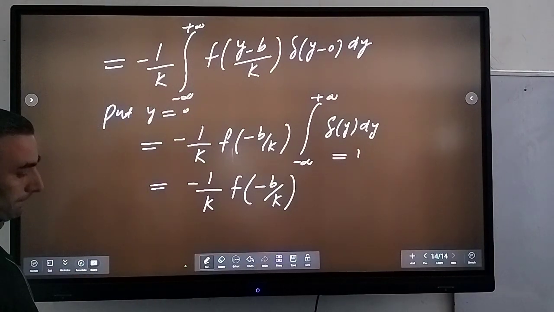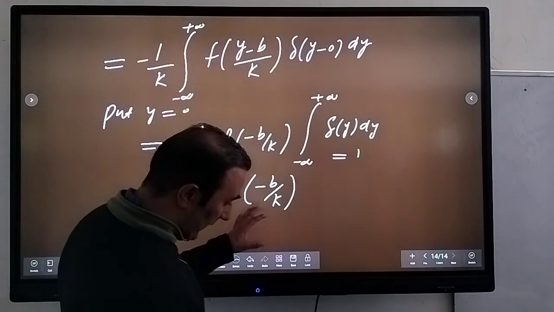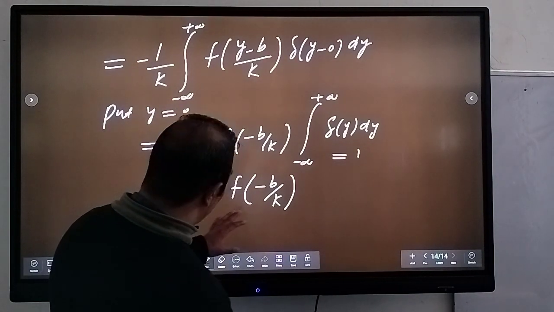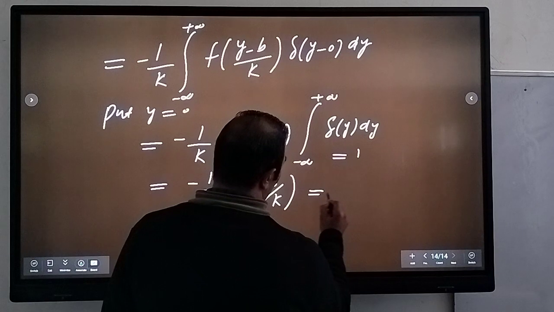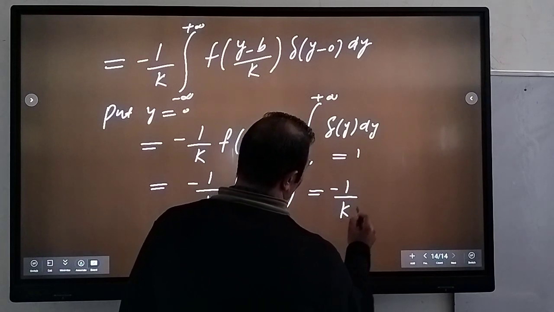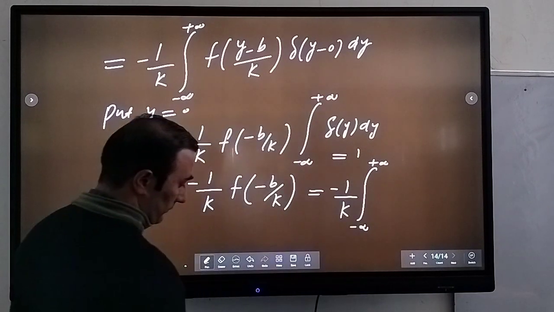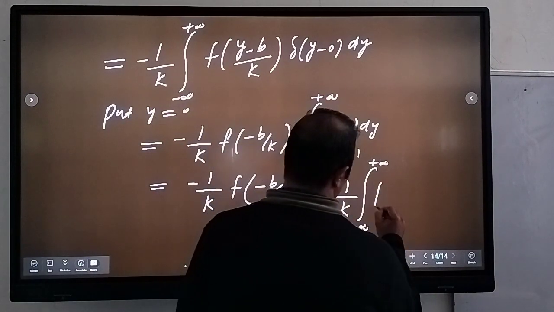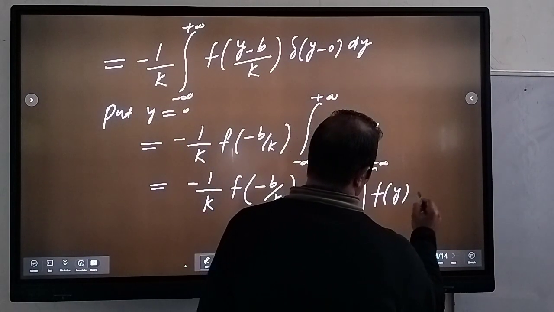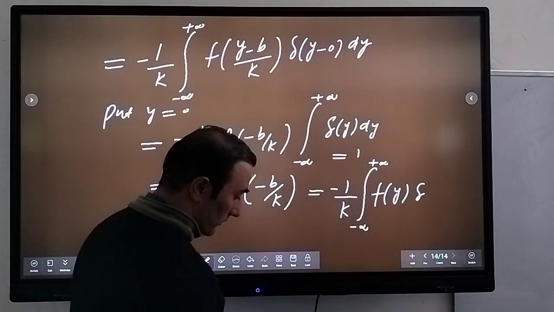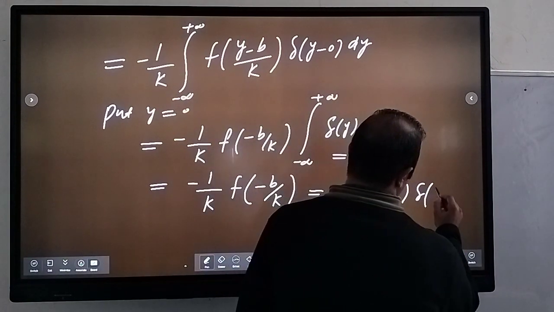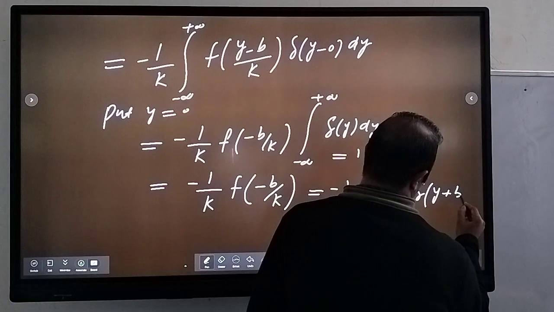Now this I can write as 1 by k, integral from minus infinity to plus infinity of f of y, delta of y plus b by k.